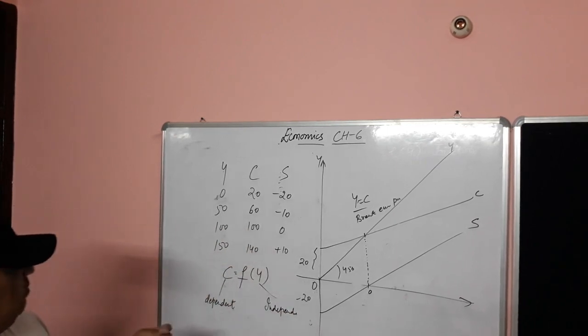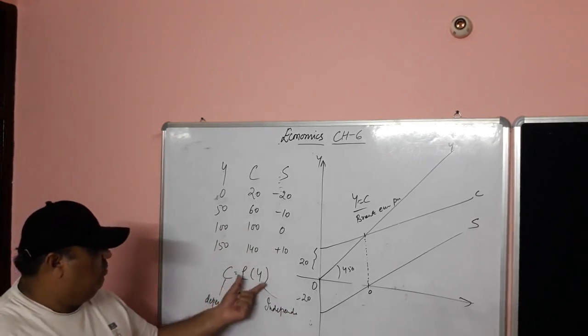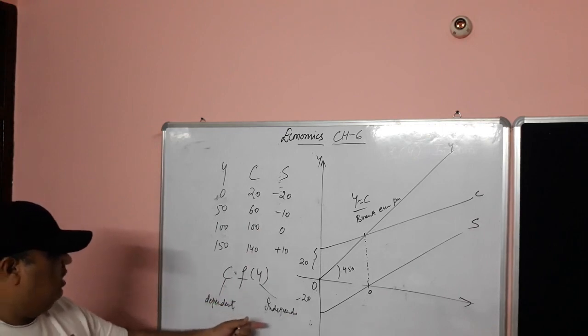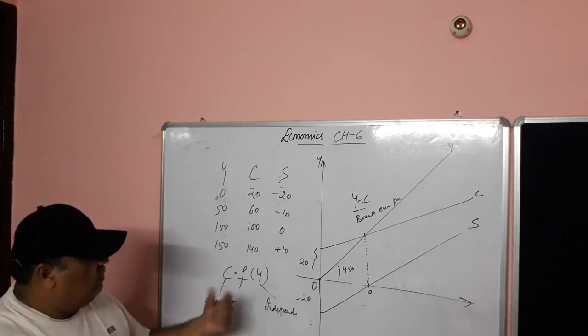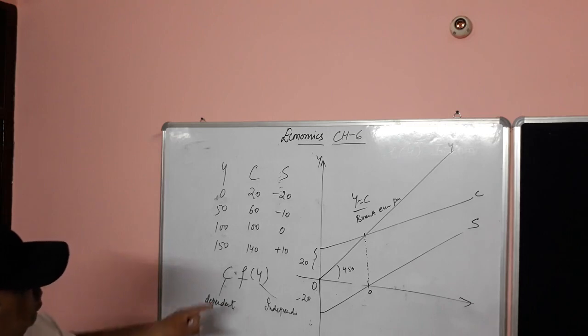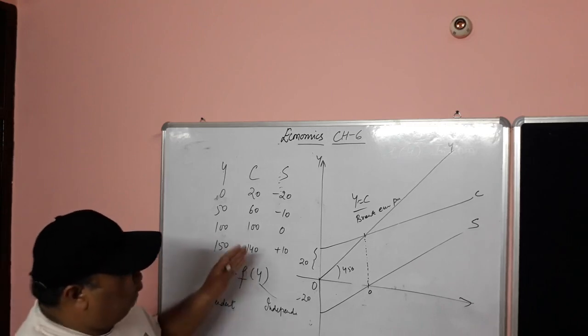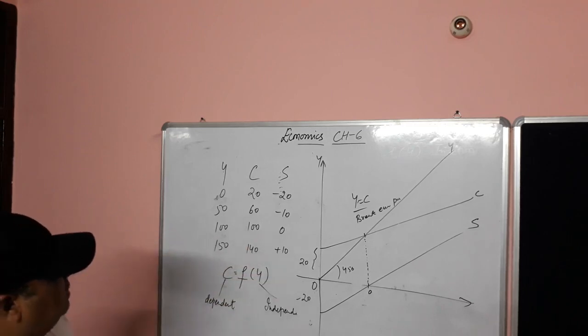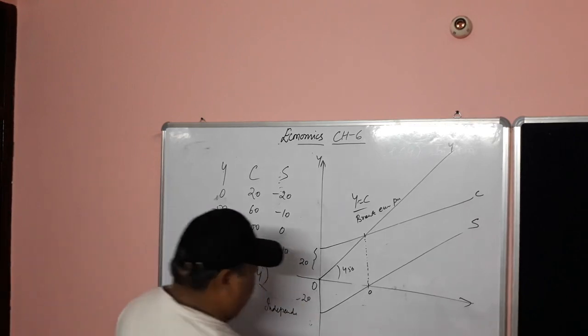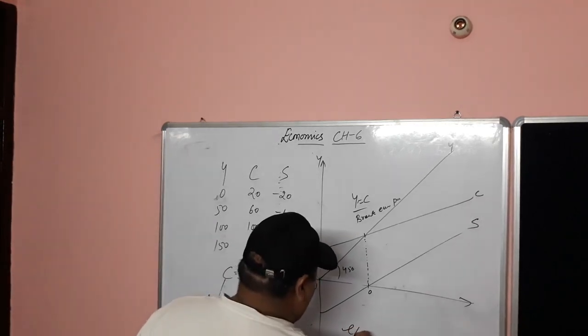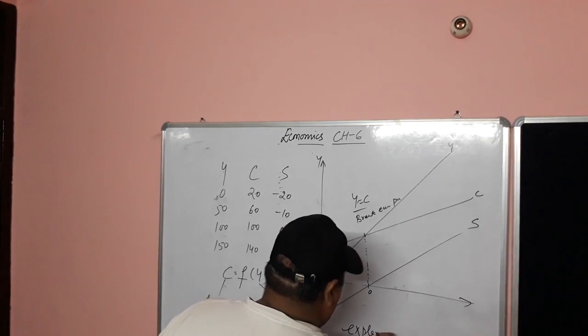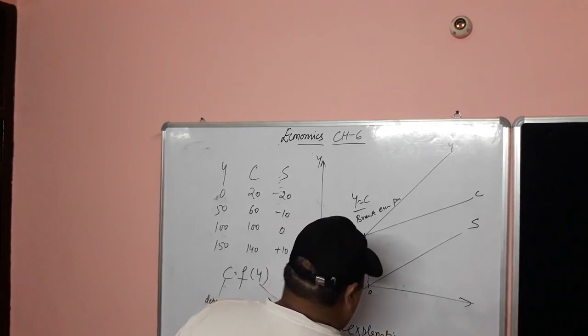What is the dependent variable? Its value we get from the equation. For the independent variable, those values are already given. After the table, schedule and diagram, there is a requirement of an explanation of the diagram.